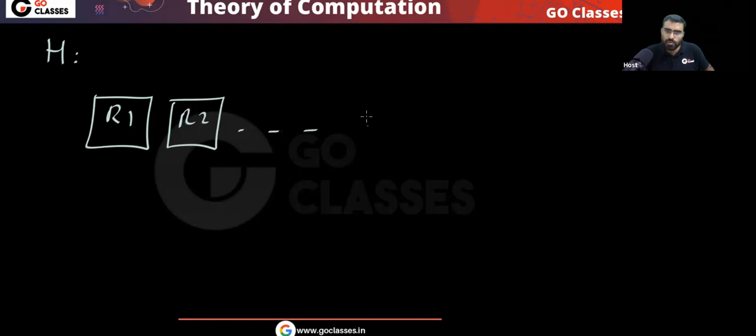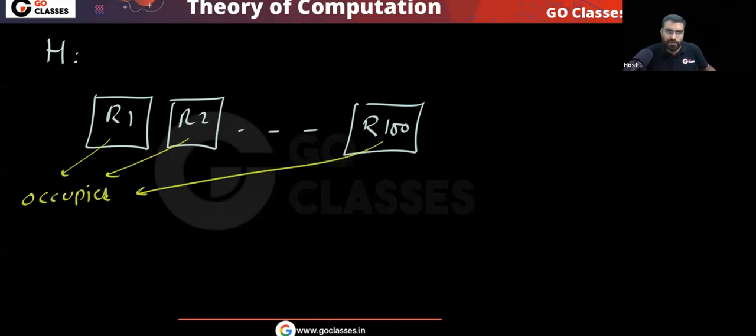For example, this is your hotel. In this hotel, you have room number 1, room number 2, and so on. Let's assume you have 100 rooms. Now you can notice every room is occupied.